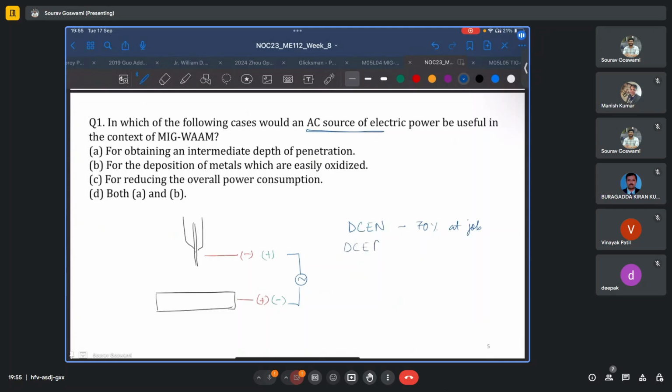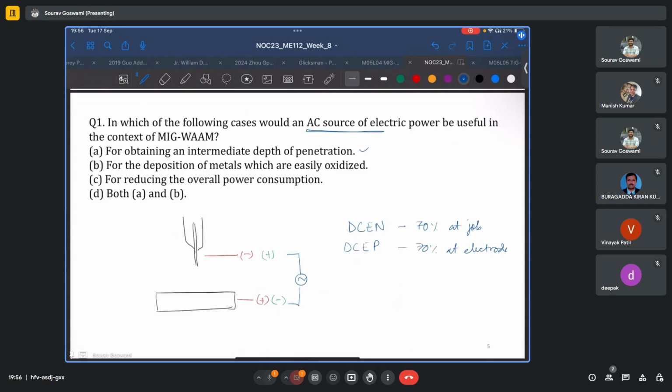For DCEP, 70% of the energy was liberated at the electrode. As for the case of AC, an intermediate depth of penetration was found because of the intermediate liberation of energy. So option A is correct.